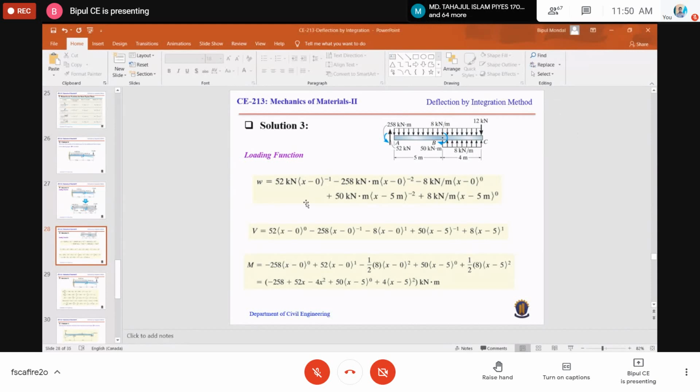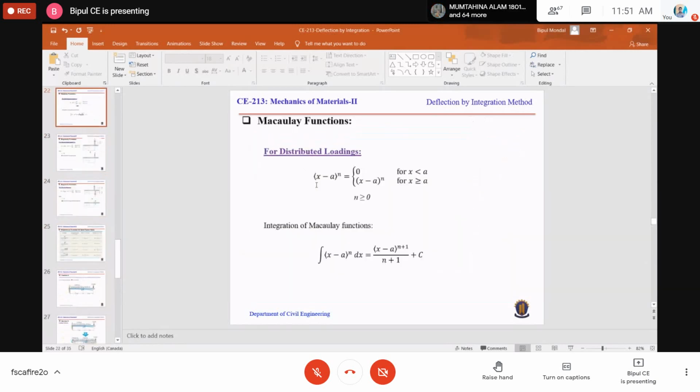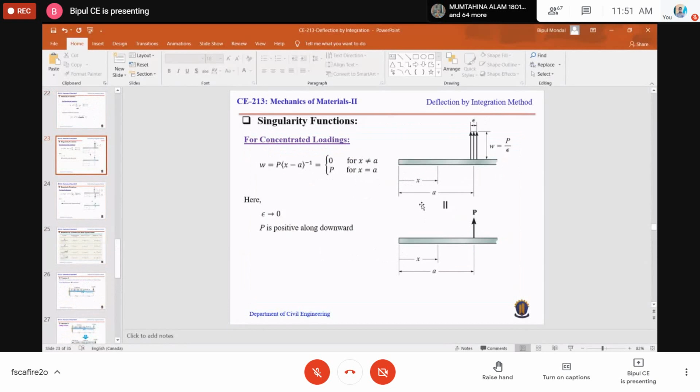Okay, so what is a? A is the distance of the concentrated load from the origin. X here, come to the here. What is a? A is the distance of that load from the origin.